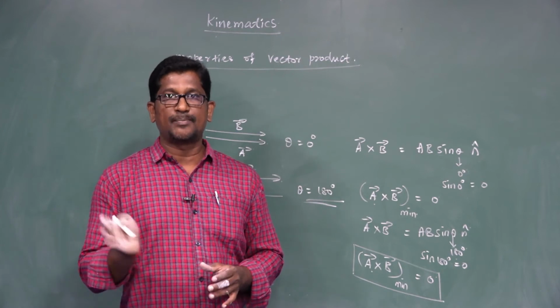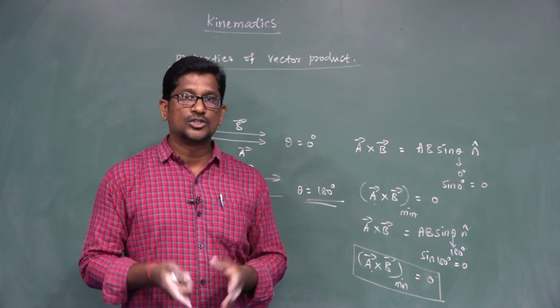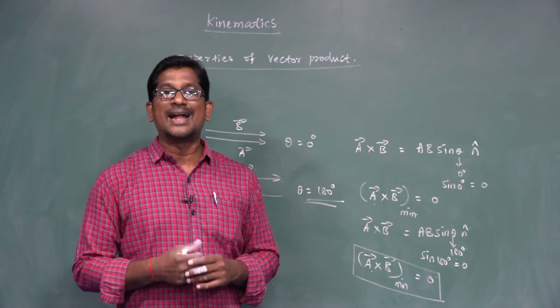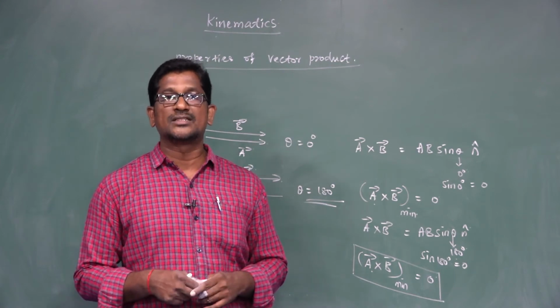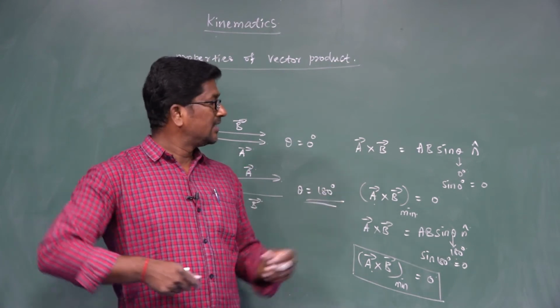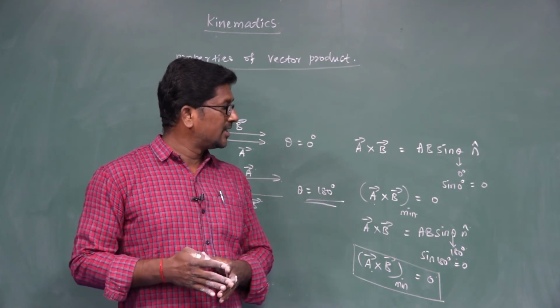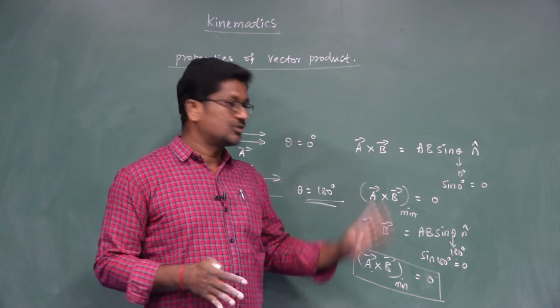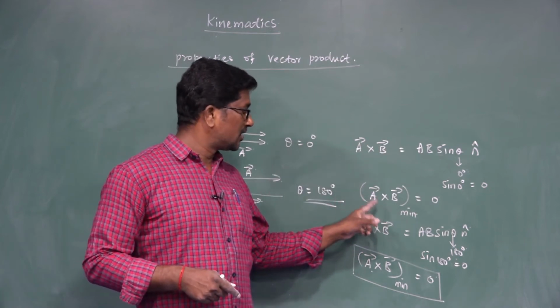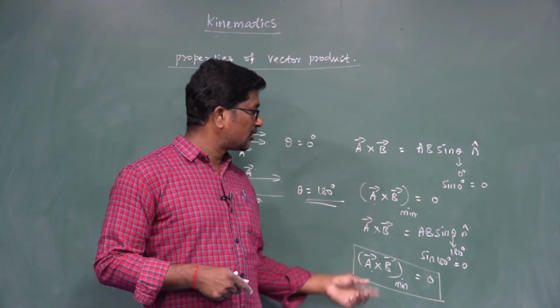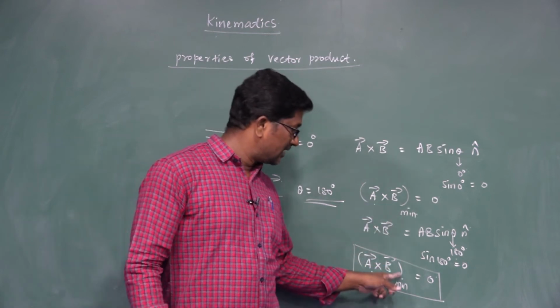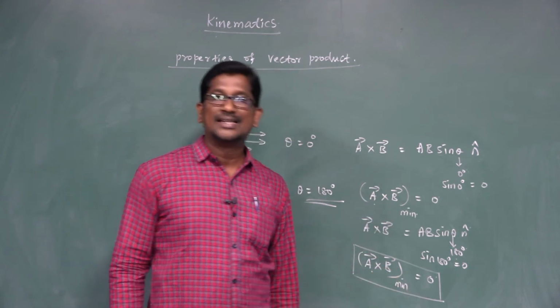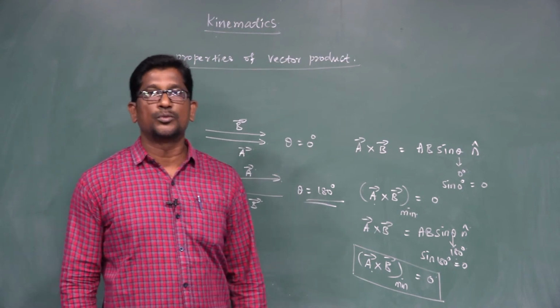If the two vectors are parallel, the angle between them is 0 degree. If the two vectors are anti-parallel, the angle between the two vectors is 180 degree. So theta value is 0 degree and 180 degree means sin theta value is 0. So anything into 0 is 0. Therefore, modulus of the cross product of A vector and B vector will have a minimum value. The minimum value is 0, right? So this is the fourth property.